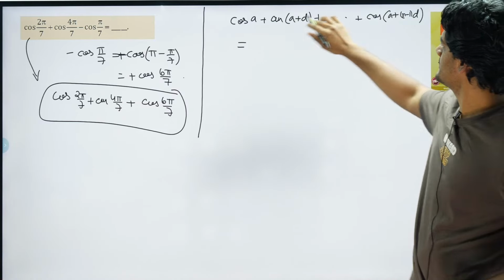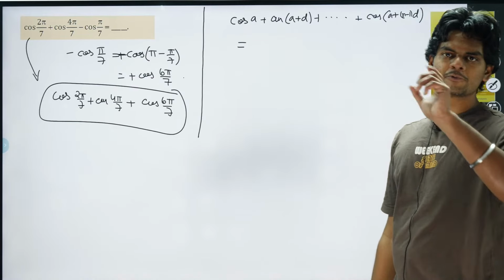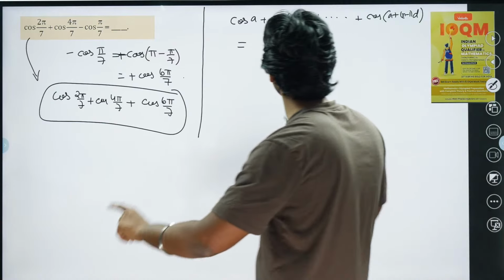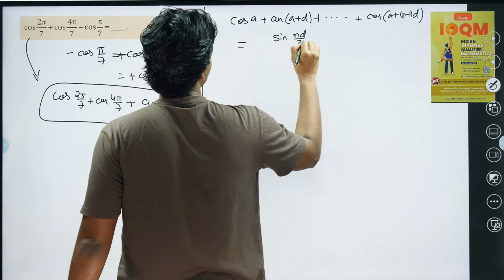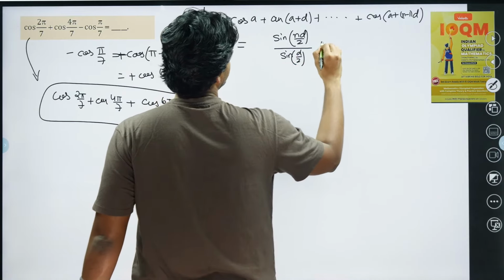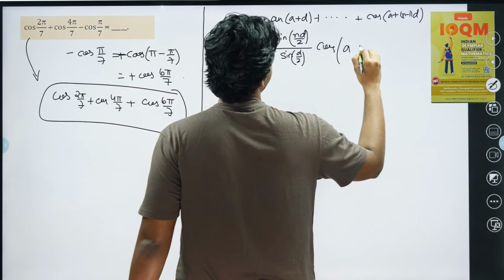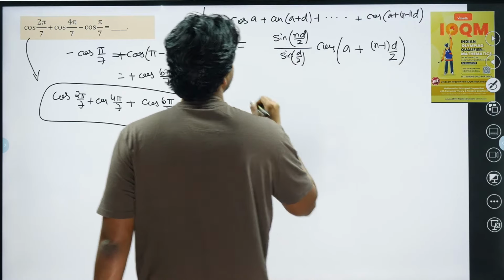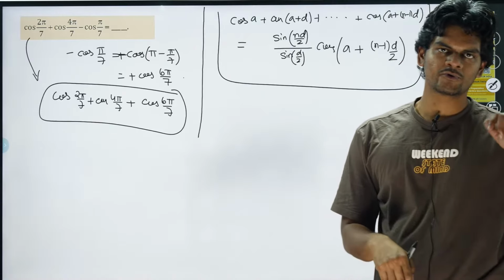The angles are in AP and I am finding the sum of the cos of those angles. I proved it for sine and gave cos as homework, and the answer happens to be, if I remember correctly, sine n d by 2 by sine d by 2 into cos A plus n minus 1 d by 2. This is the formula. I gave it as homework to prove.